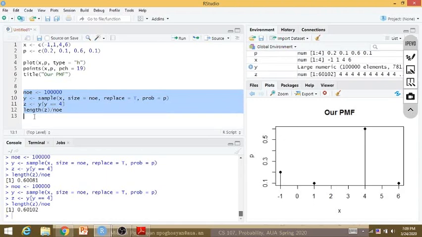Very close to 0.6. And if I calculate how many minus ones I have when generating 100,000 elements with this distribution, I will have almost 0.2.